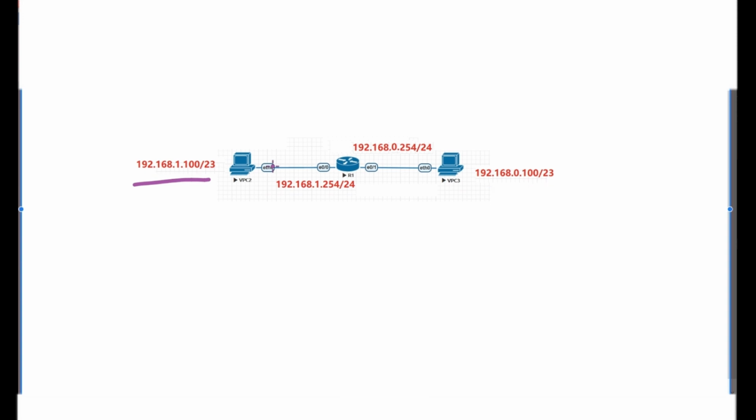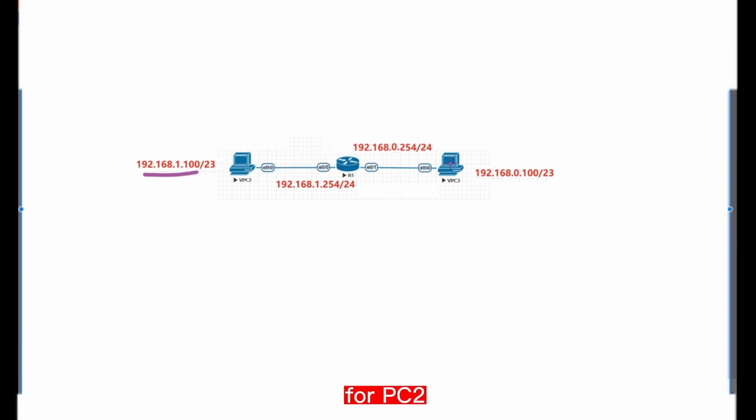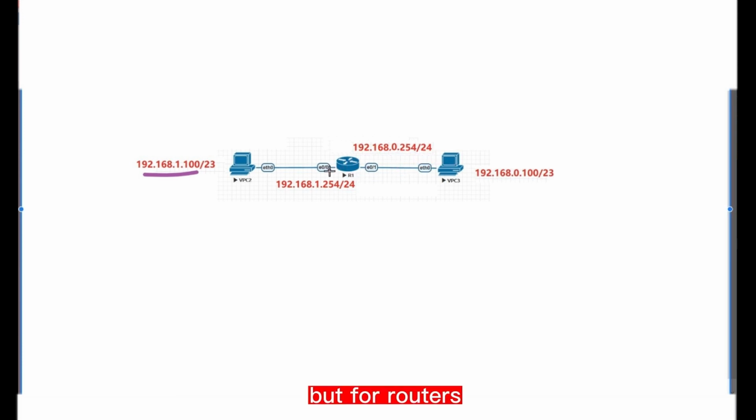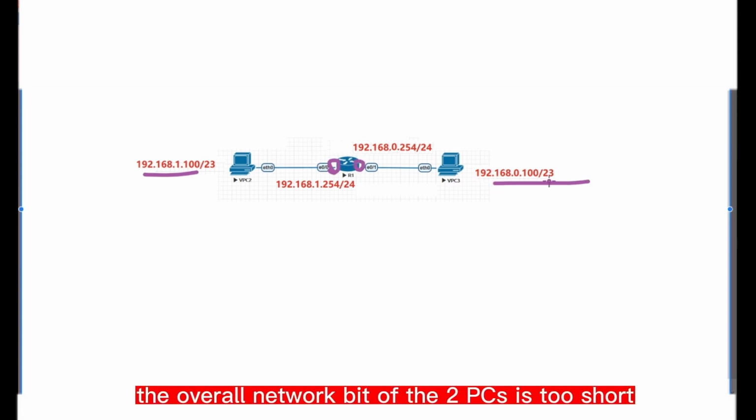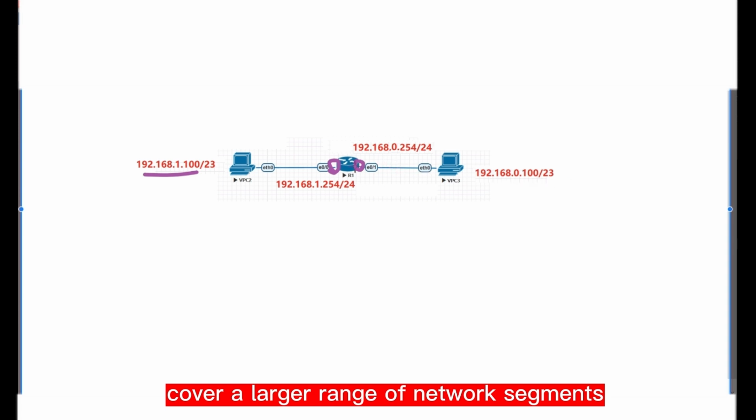For PC1, they are on the same network segment. For PC2, they are on the same network segment. But for the router, these are two interfaces. Now you will find the network bits of the two PCs are too short, causing them to cover a larger range of network segments.